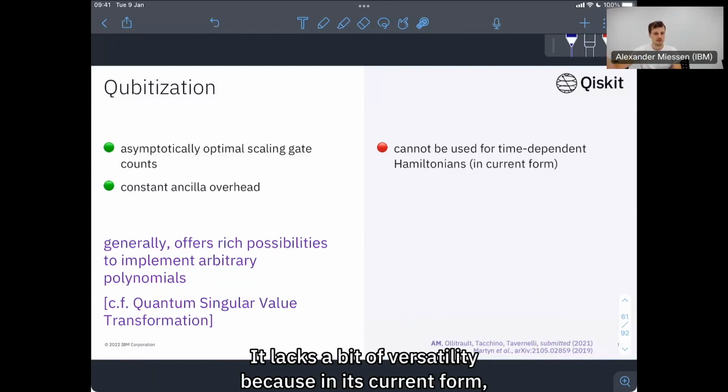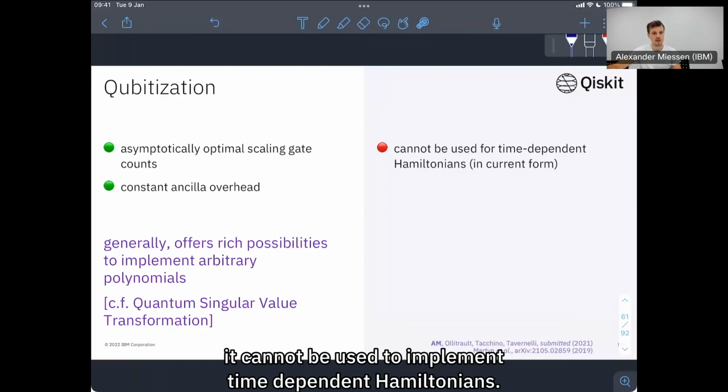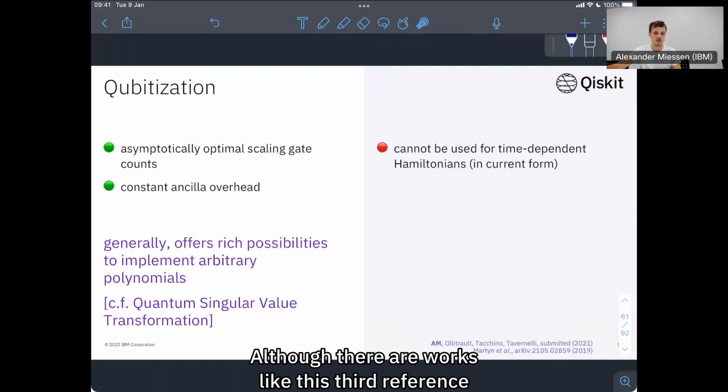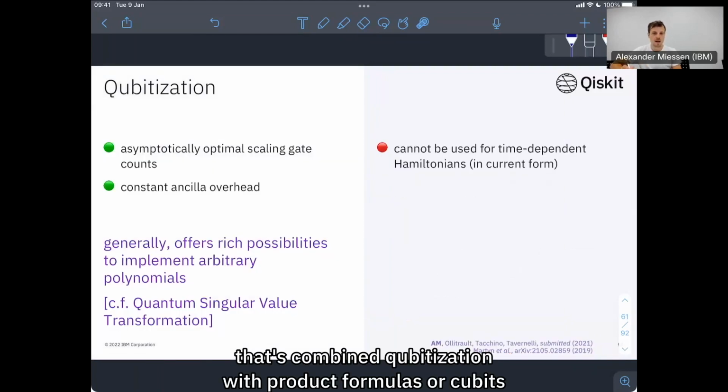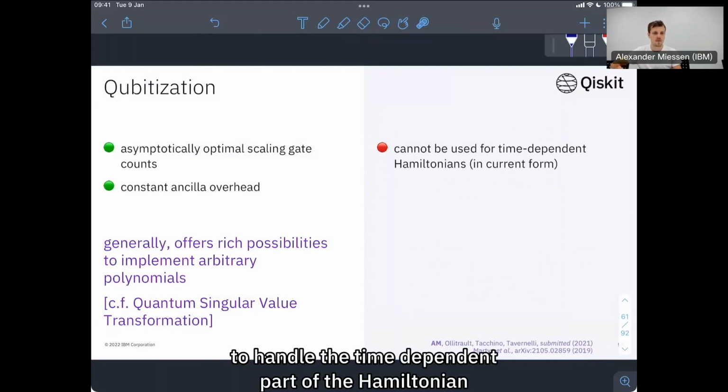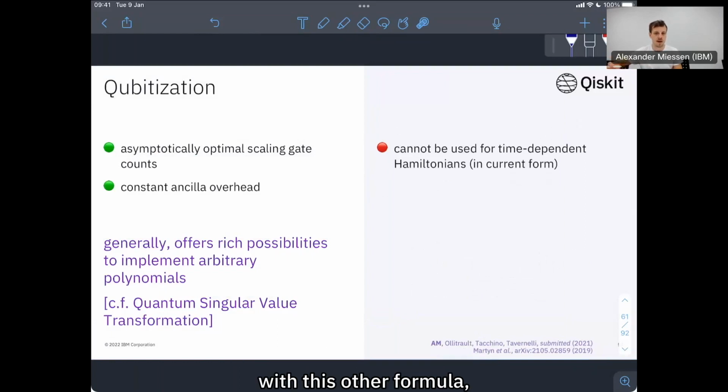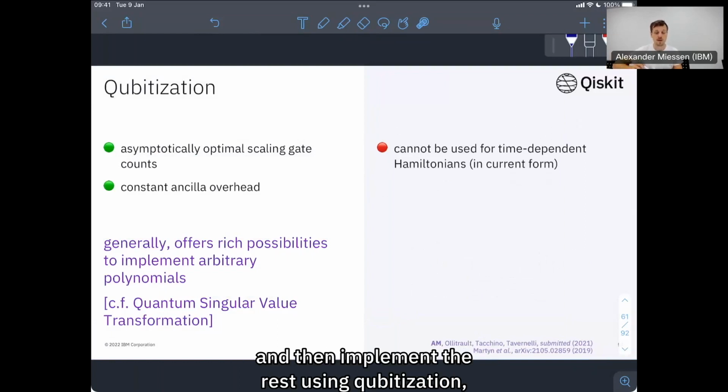It lacks a bit of versatility because in its current form, it cannot be used to implement time-dependent Hamiltonians, although there are works like this third reference that I showed here by Rajput et al. that combine qubitization with product formulas or Q-drift to handle the time-dependent part of the Hamiltonian with this other formula, and then implement the rest using qubitization.